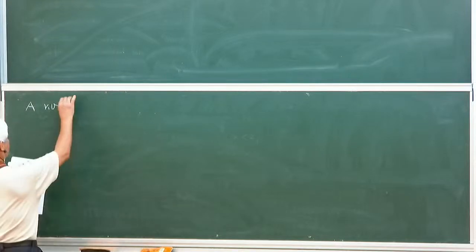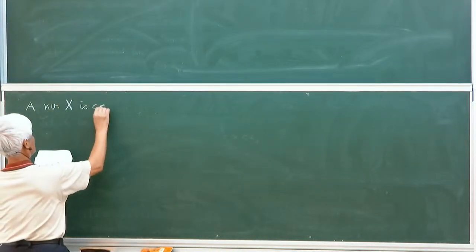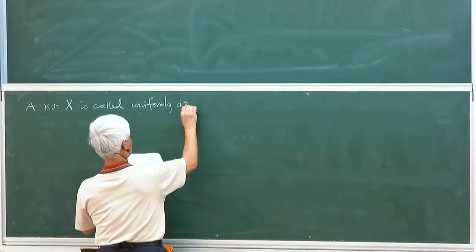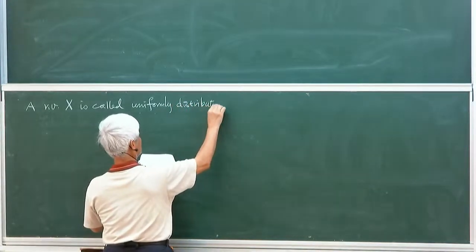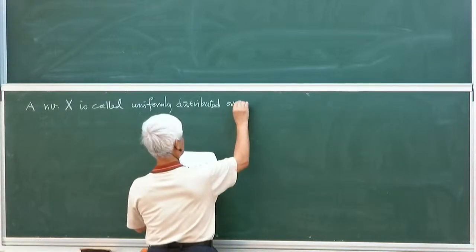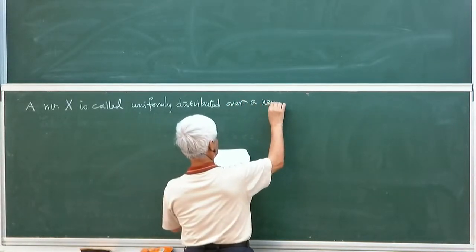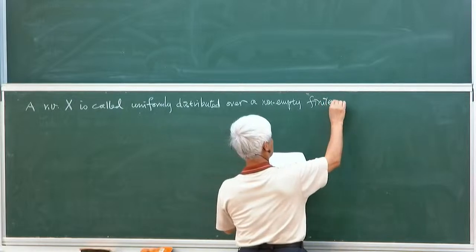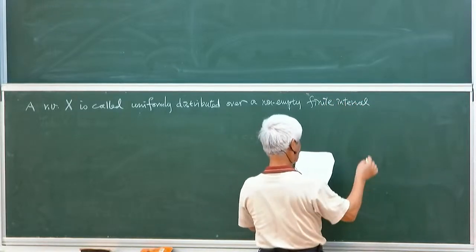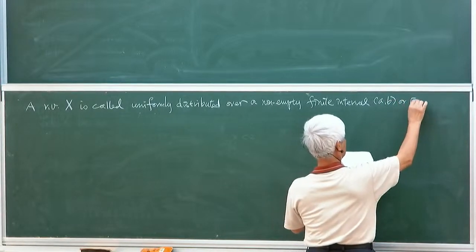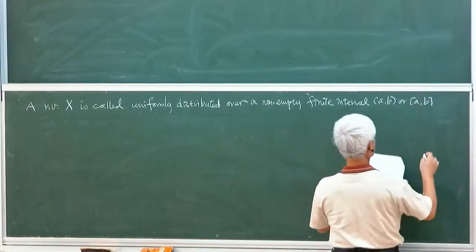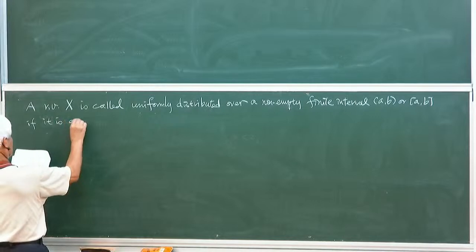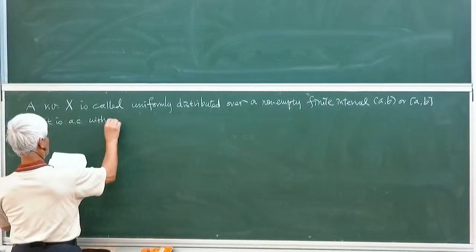A random variable X is called uniformly distributed over a non-empty finite interval [a, b] if it is absolutely continuous with a PDF.